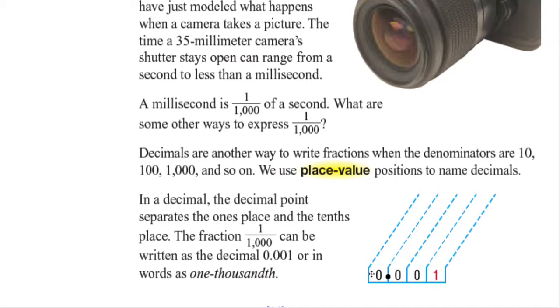If you notice, this is an illustration of how the place value system works in decimals. The zero, you know right away, is obviously the ones place. The digit after the decimal is known as the tenths place, remember.